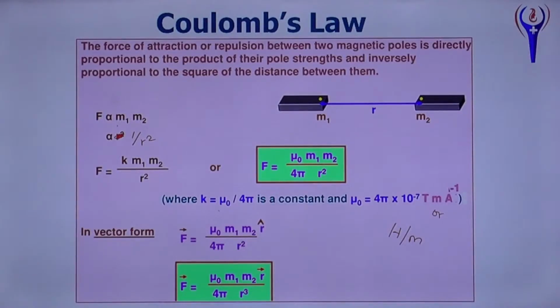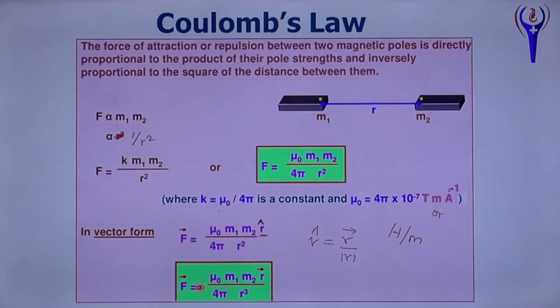And in vector form, F equals mu naught M1 M2 by 4 pi R square, and we have introduced R cap. What is R cap? R cap is the unit vector. What is a unit vector? R cap equals R vector divided by the modulus of R, or magnitude R, and that R multiplies with this R square as R cube.